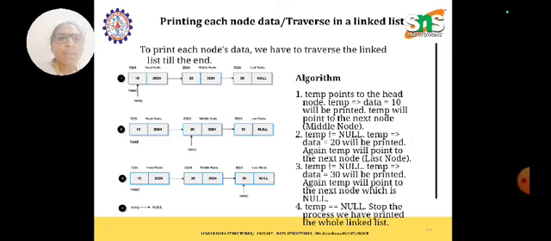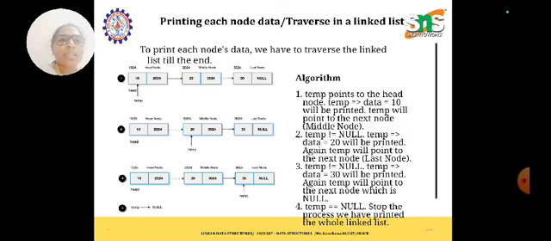So temp points to the head node, that is temp's data is equal to 10, which will be printed. Temp will point to the next node, that is temp equals temp next. So it may be the middle node. So temp will point to the next node. If temp is not equal to null, then temp data will be printed.